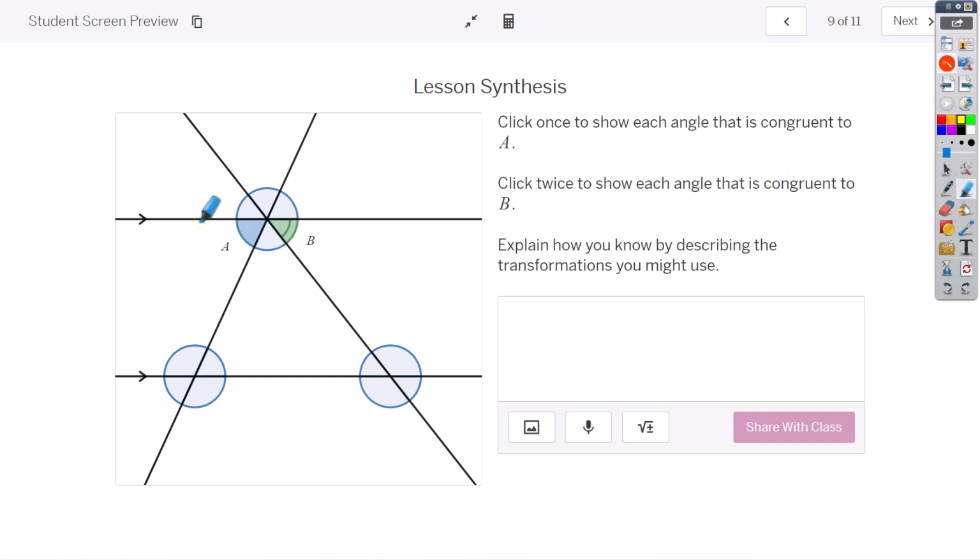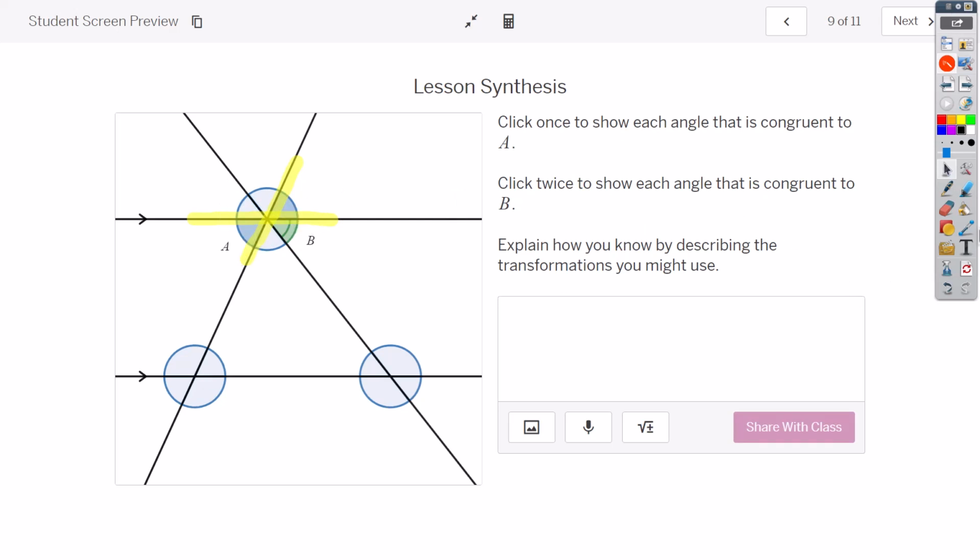Okay, so the lines that make up angle A are that line and this line. So that's important for me to make sense of because I want to make sure that I identify the vertical angle correctly. Okay. So if that's angle A, then this angle should also be congruent.